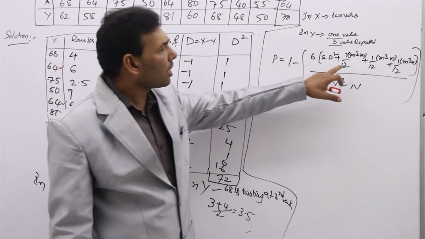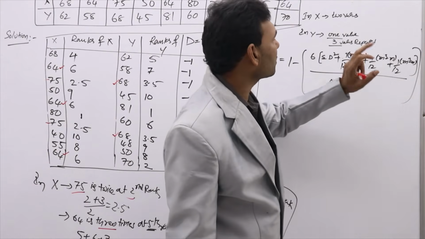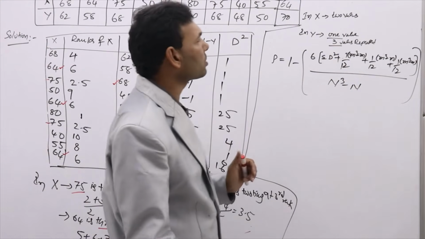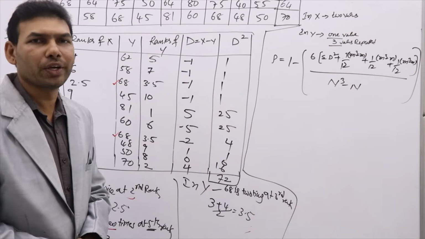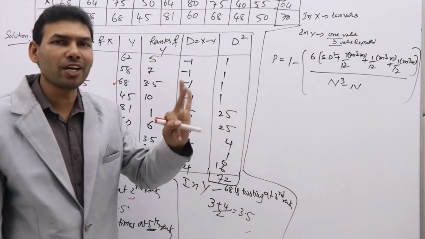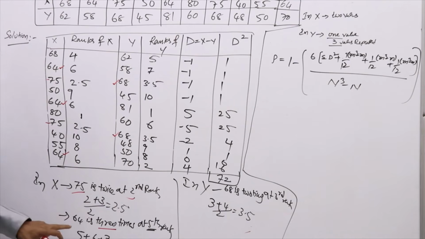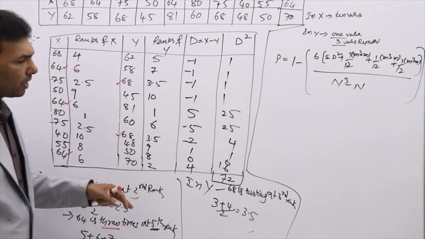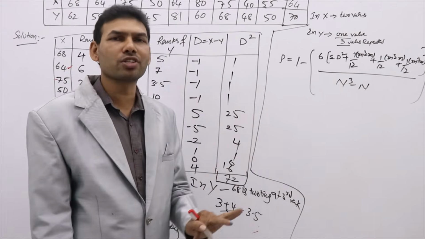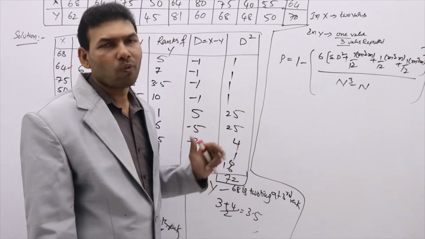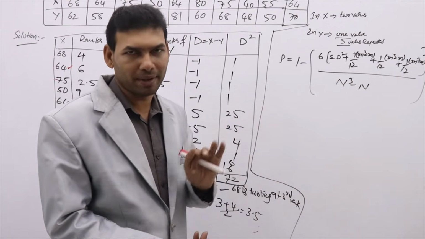So these m cube minus m terms, total how many values repeated, that many you need to write. Total 3 values repeated. In x 2 values, in x 75 and 64 repeated, in y 68. So write 1 by 12 m cube minus m 3 times.